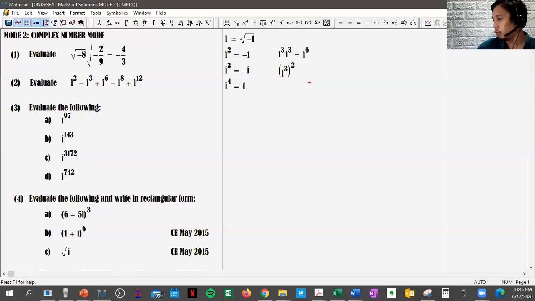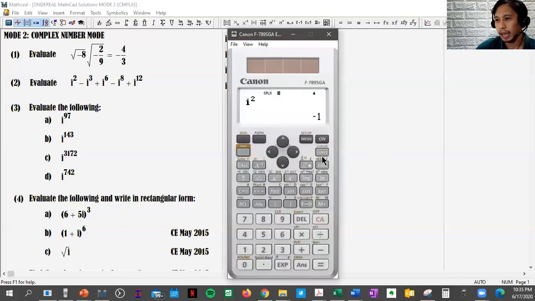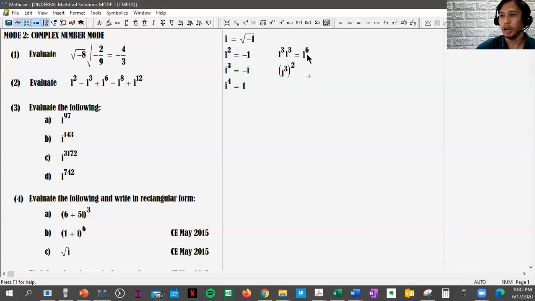So if we are to do that for I raised to 6, then we can get this. I raised to 6, I cube, then squared. So it can evaluate na. The result is equal to -1. Now this I raised to 6 is equal to -1.